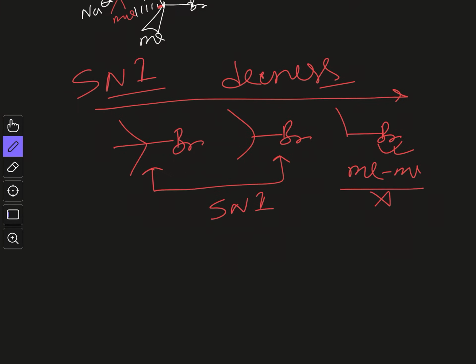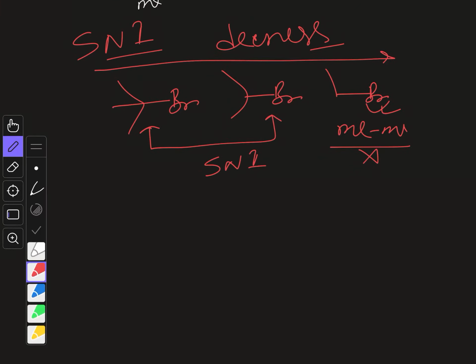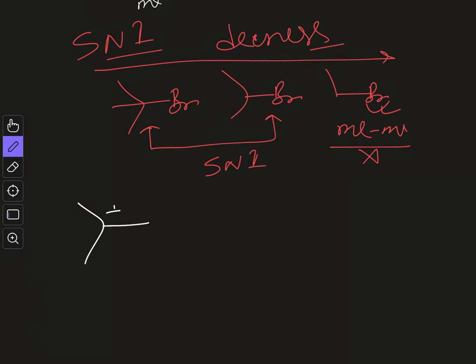Now what is the explanation? We know that in the SN1 reaction, it is the stability of the carbocation formed in the rate determining step that determines whether the reaction will be fast or slow. In the first case, we will get the tertiary carbocation, and it is stabilized both through hyperconjugation and the inductive effect.